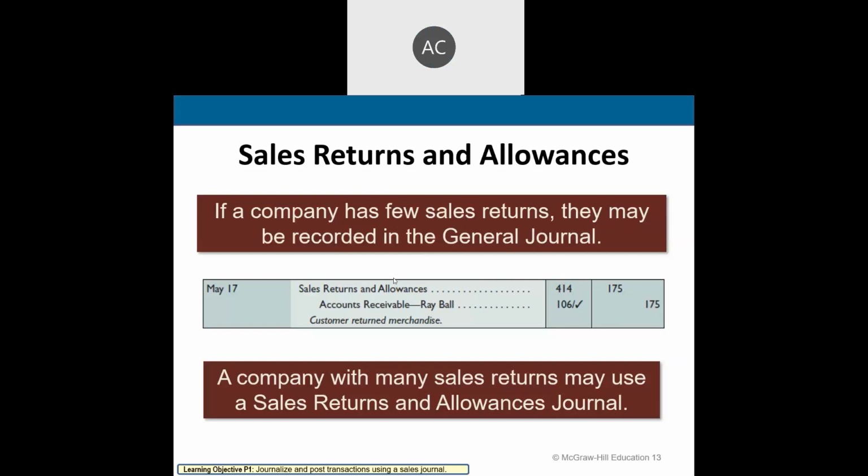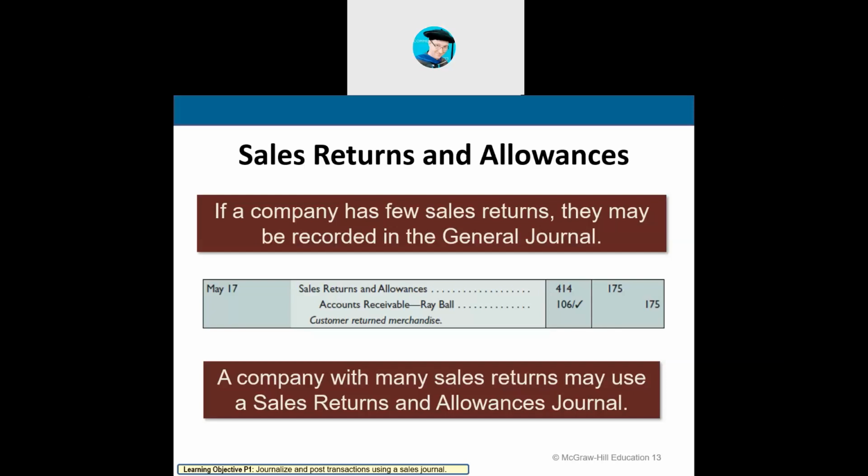Okay, so with respect to sales returns and allowances, as you recall, that happens when a customer returns something to us. It's either broken, defective, or they just don't like it, right? And so we debit sales returns and allowances, and we credit their accounts receivable. Now you see that accounts receivable dash the person's name or the company's name.